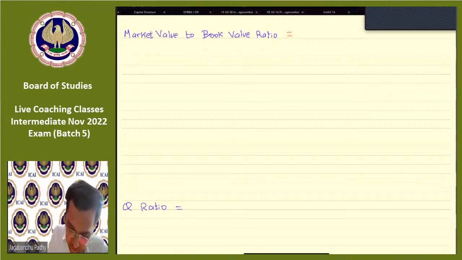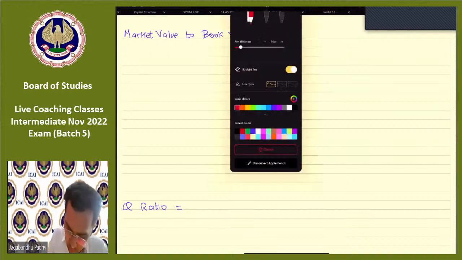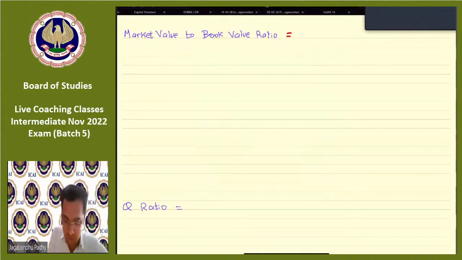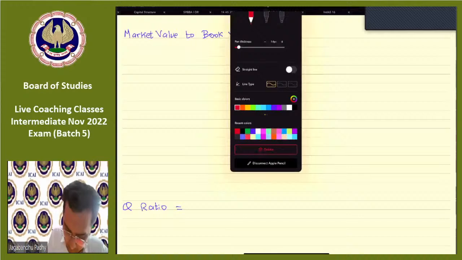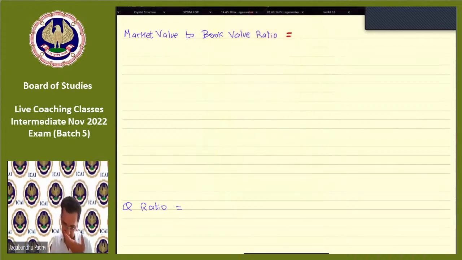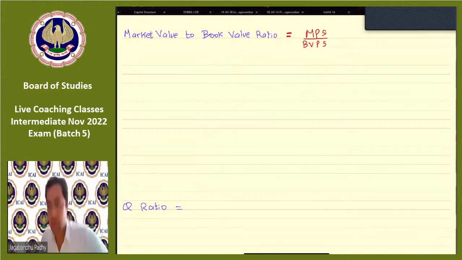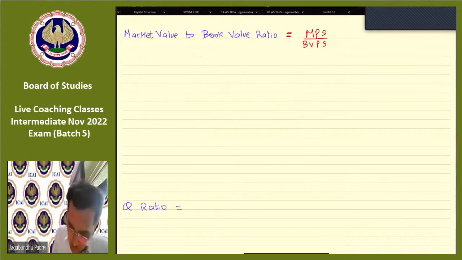Here, the ratio says that market value to book value simply means market price per share upon book value per share. So this is market value per share upon book value per share. Now, how do we get the book value per share?